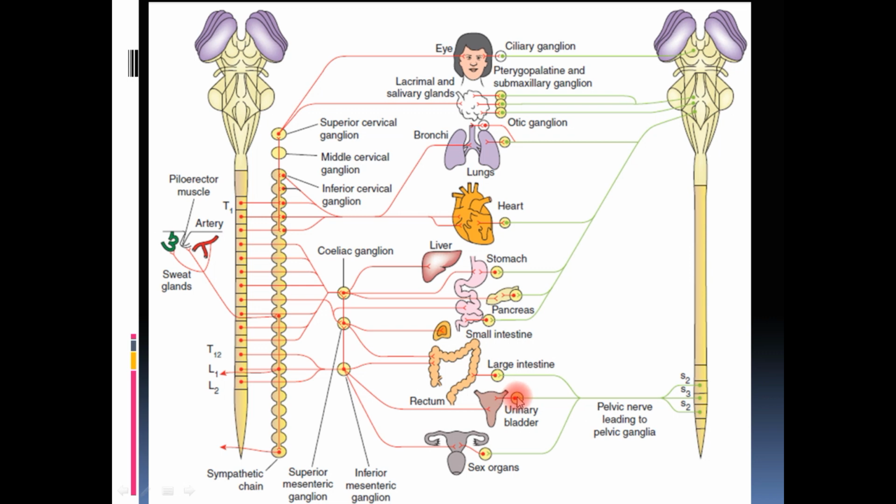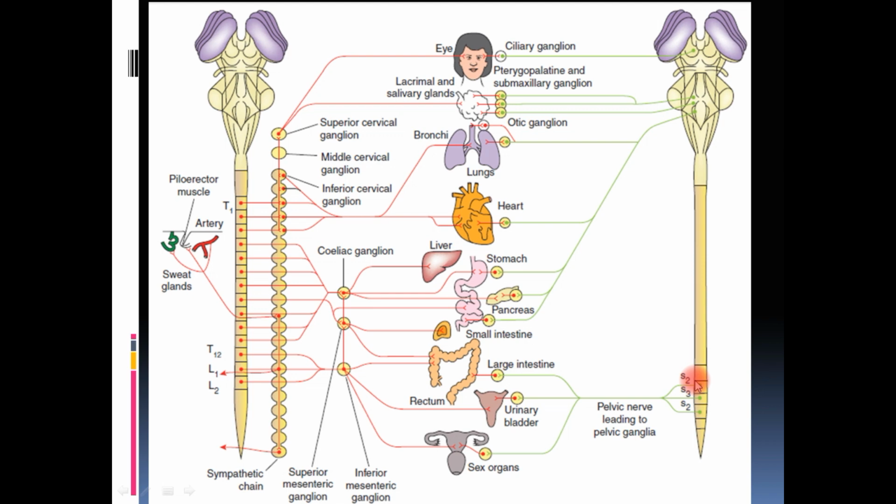From these ganglia, the postganglionic fibers supply the urinary bladder and the pelvic visceral organs like intestine, sigmoid colon and rectum. So these are the organs supplied by the sacral outflow of the parasympathetic division of the autonomic nervous system.